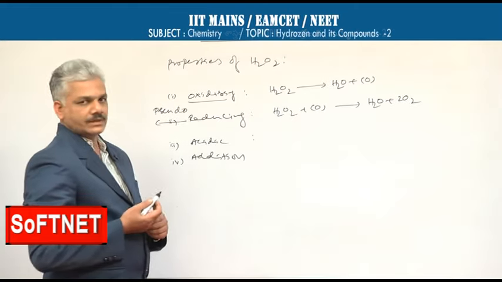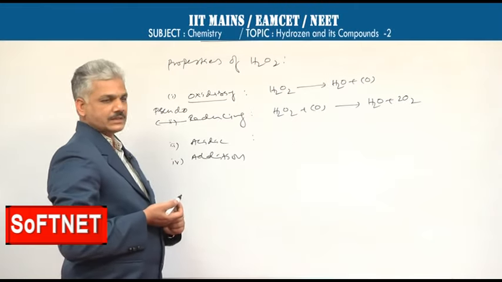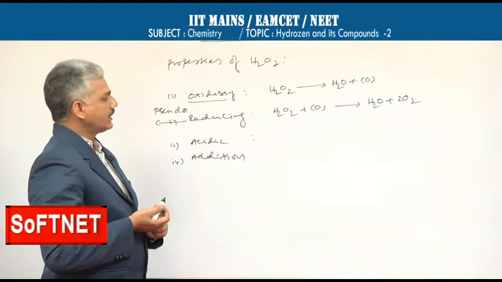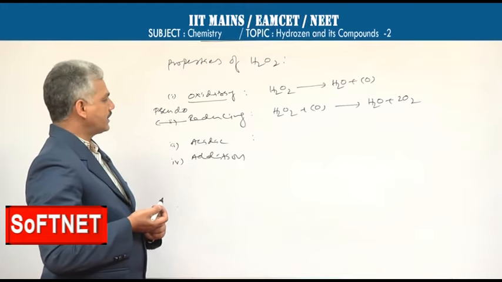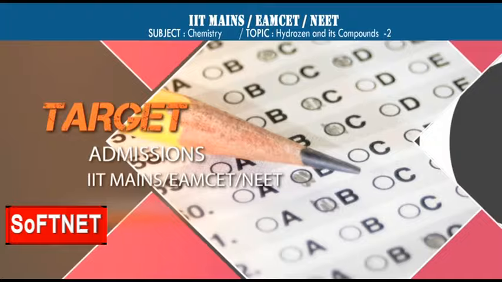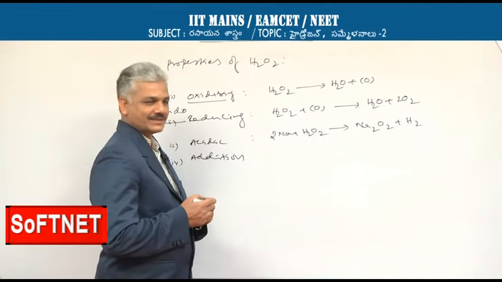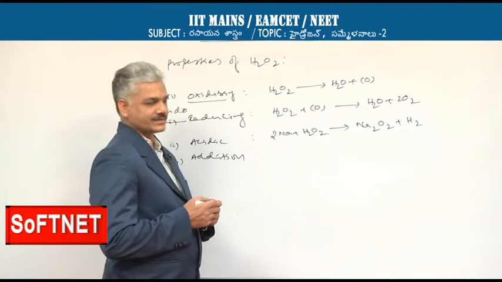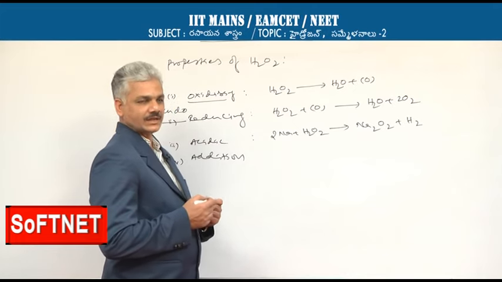The hydrogen peroxide reacts with active metals like sodium to give salt along with the liberation of hydrogen gas. Hydrogen peroxide can react with strong bases like sodium hydroxide to give salt and water.